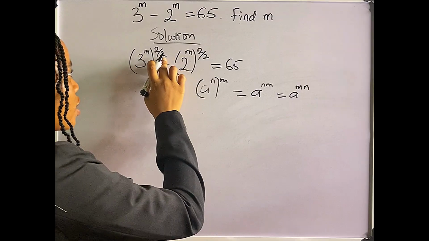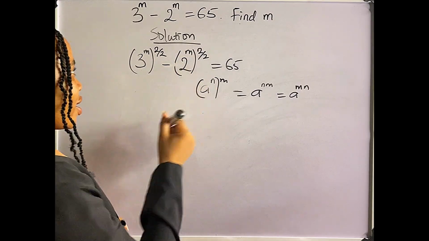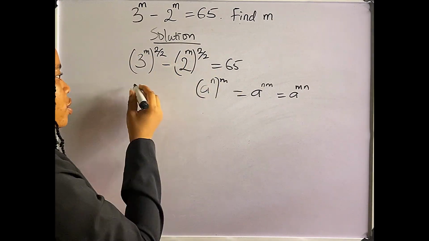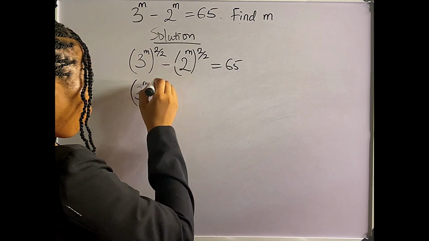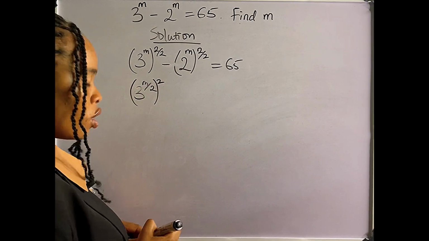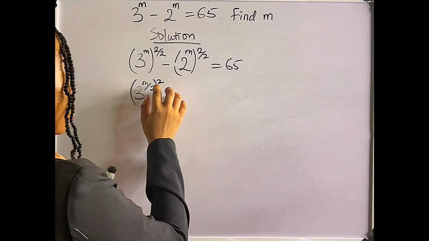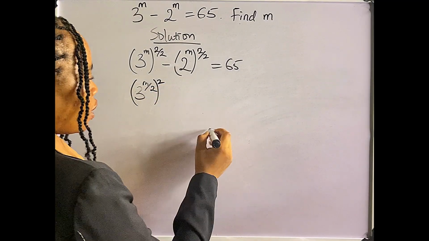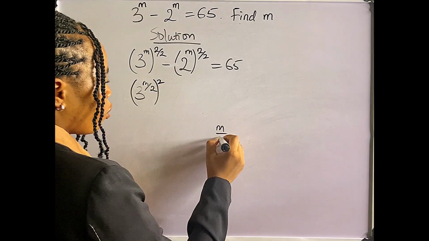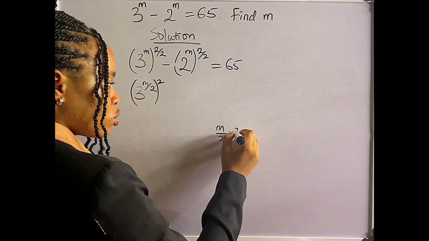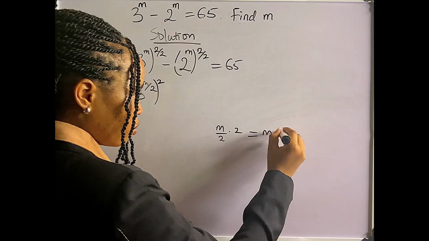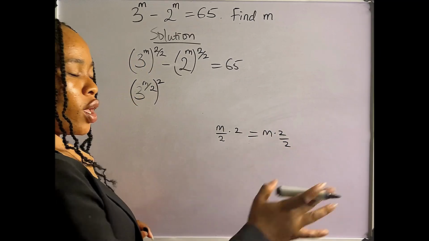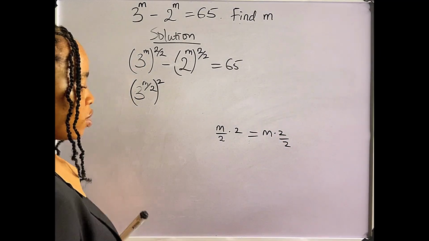And you see that this has a denominator, so I can rewrite this as 3 raised to the power of m over 2 all raised to the power of 2. It doesn't change anything because this is still multiplying themselves. It's like m over 2 times 2, which is still the same thing as m times 2 over 2. So it doesn't change anything.